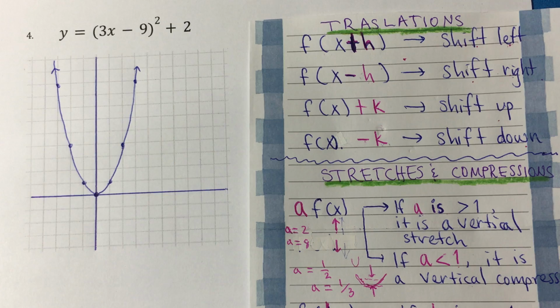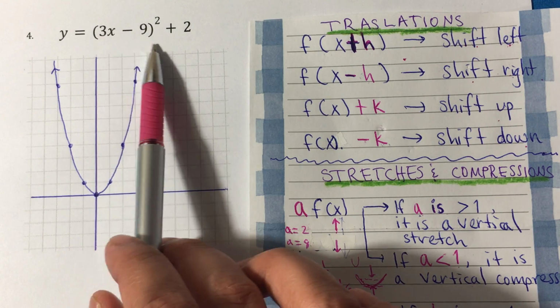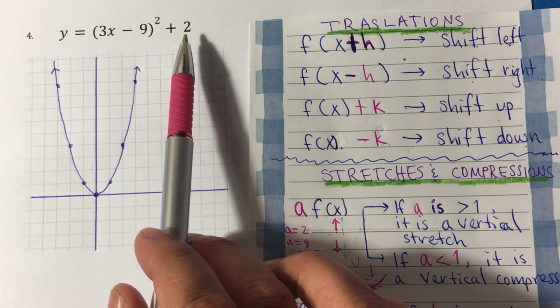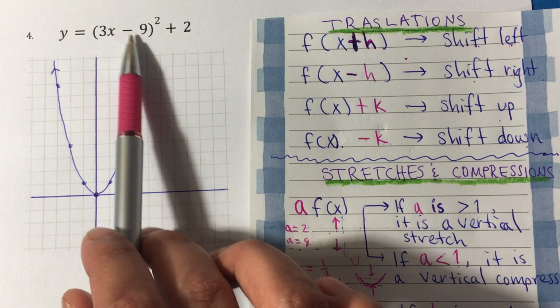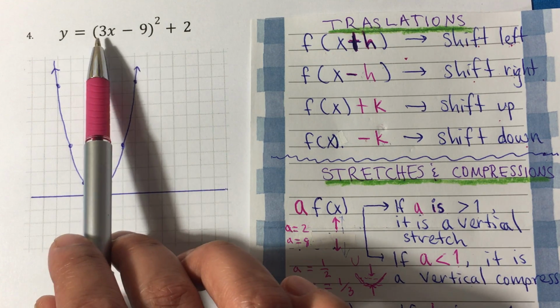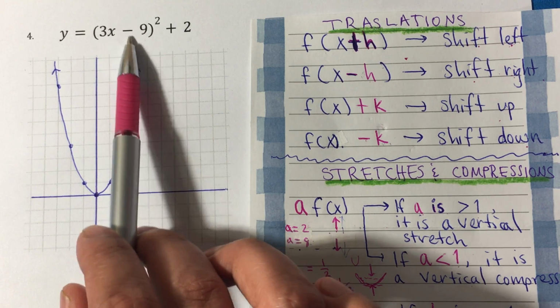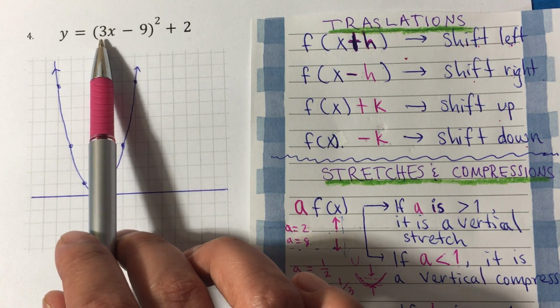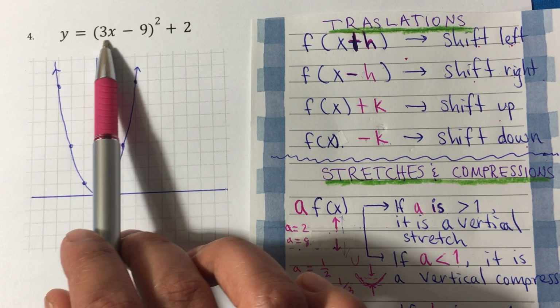Okay, with this one, we have something more going on inside of the parentheses. So to move it inside, first we have to divide the constant by the coefficient of x. Remember, constant is whatever is being added or subtracted, and we're going to divide that by the coefficient, meaning the number that is being multiplied by x.